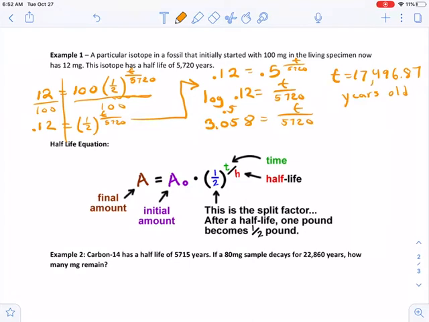So we've figured out that this fossil is 17,496.87 years old. So we can see that we end up with a pretty accurate number. Not too much of this is rounded or unrealistic. This is all pretty standard.